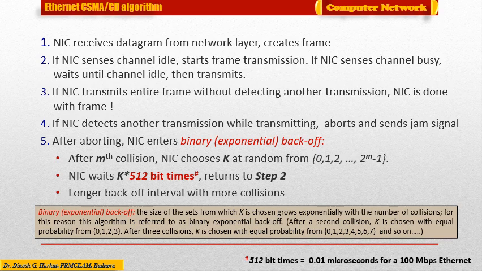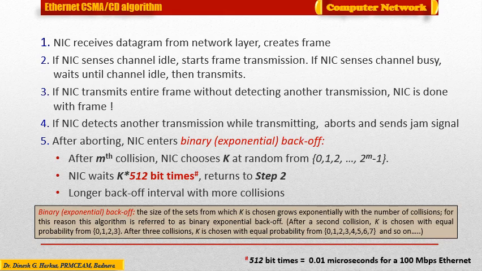If on the other hand the adapter detects signal energy from other adapters while transmitting, it aborts the transmission. That is, it stops transmitting its frame. After aborting, the adapter waits a random amount of time and then returns to step 2 again.